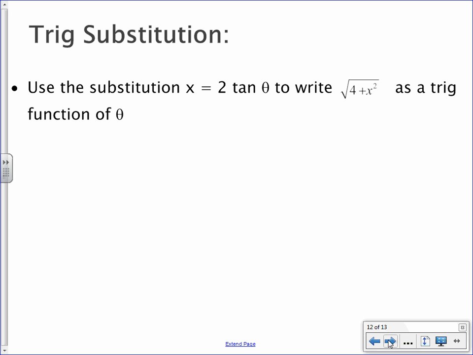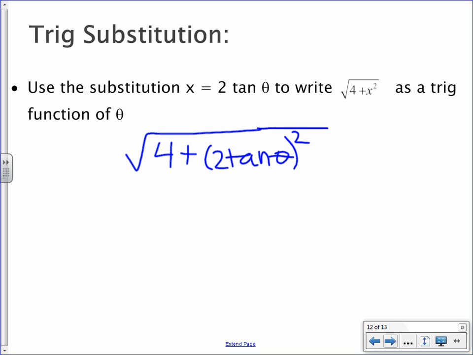So they're telling us that x is 2 tangent theta. Okay. So instead of writing 4 plus x squared, we can substitute, this is why it's called trig substitution, 2 tangent theta for x.